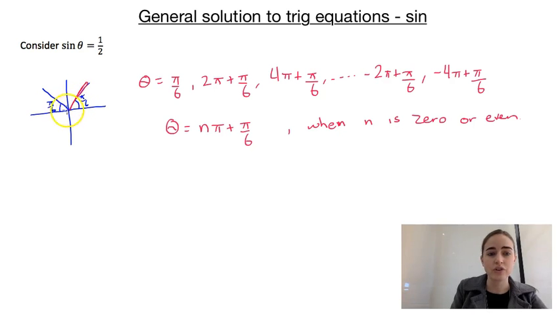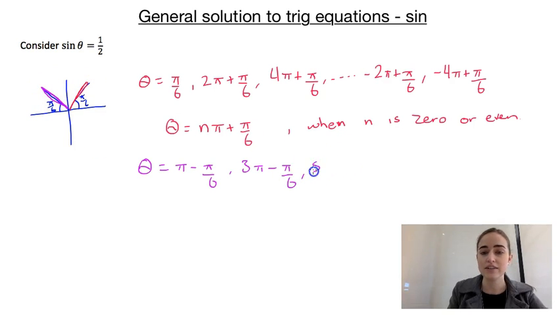If we then have a look at this other ray over here, our first solution there would be pi minus pi on 6. If we went round again, we'd end up at 3 pi minus pi on 6. Another revolution would get us to 5 pi minus pi on 6. You can start seeing the pattern there as well, and this time we've got our odd numbers instead.